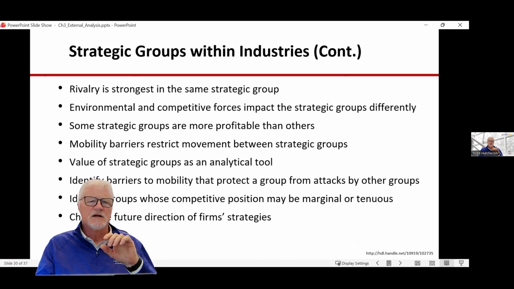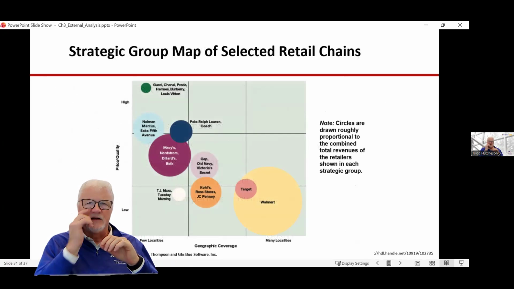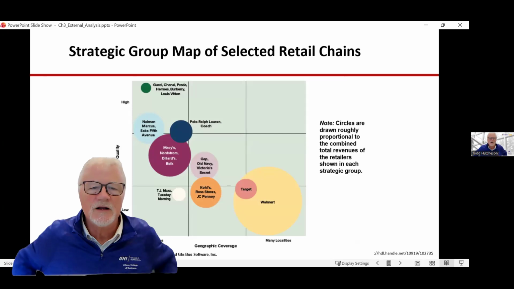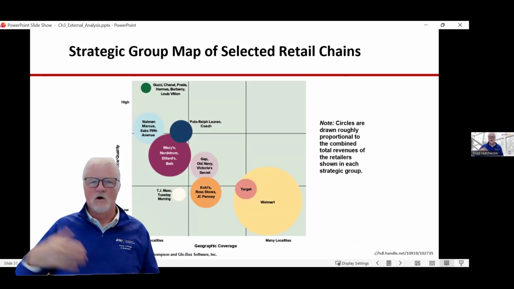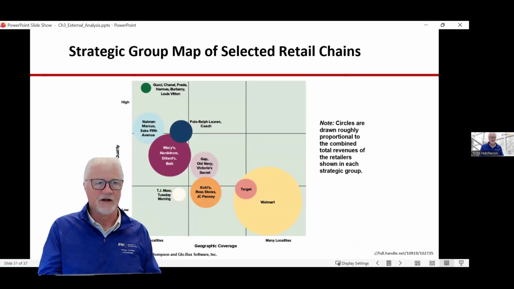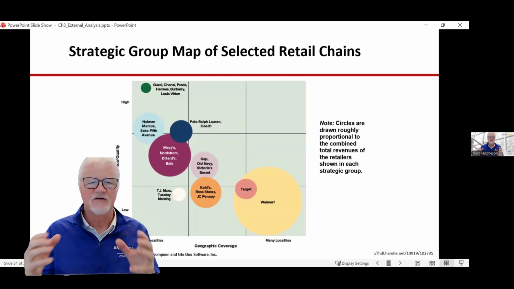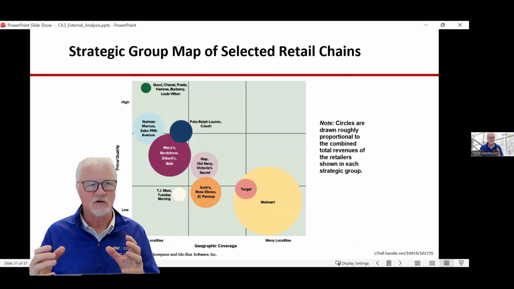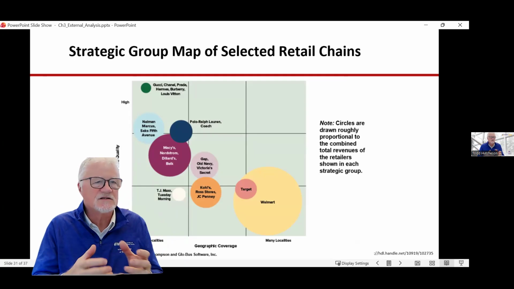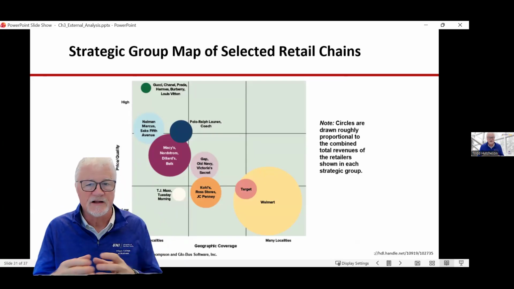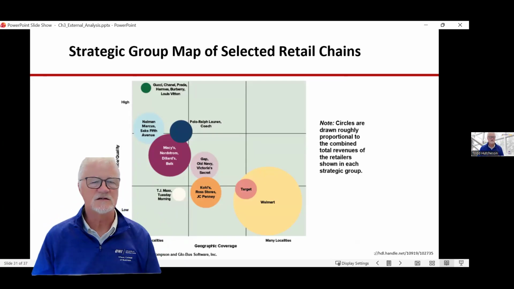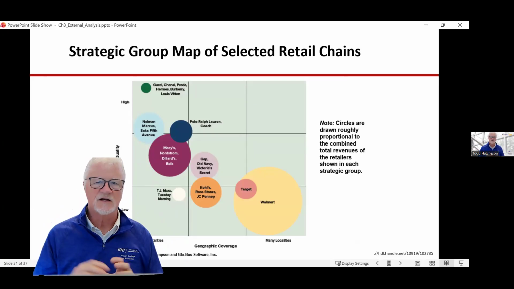An example might be retail chains. Think about Walmart, in the lower right-hand corner of this strategic group map. It has large, broad geographic coverage, so lots of different localities, but it has low price and quality. That's what it's known for: low prices, everyday prices.